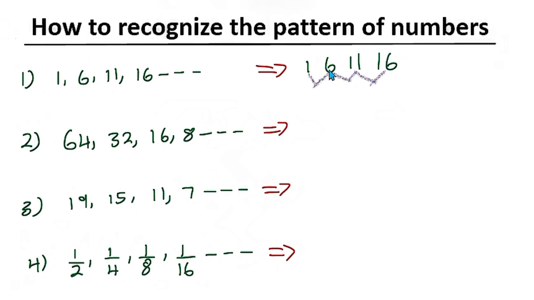From 1 to 6, we can see that we are just adding 5, and here the same thing, plus 5, and it means that the next term here will be 21. So we have 21, and the next will be 26, and it goes on.